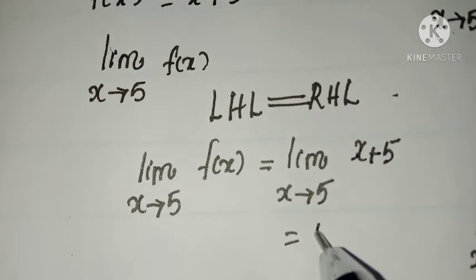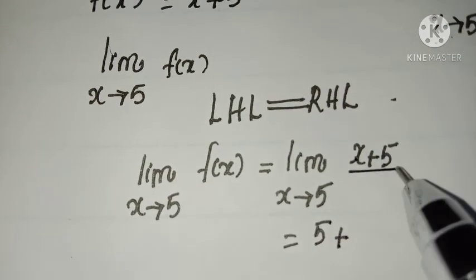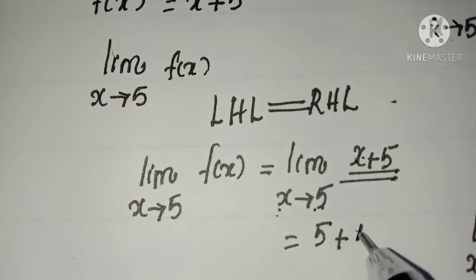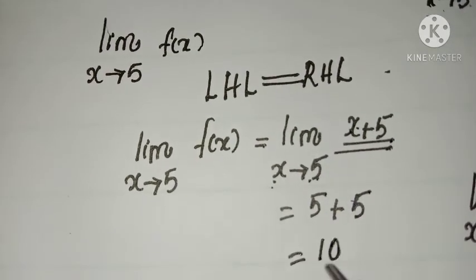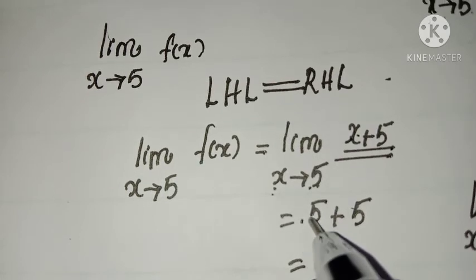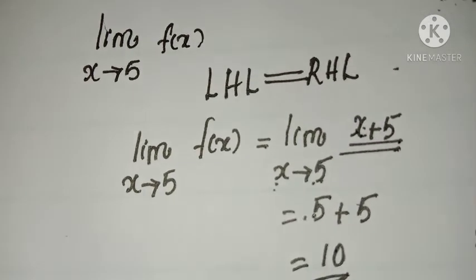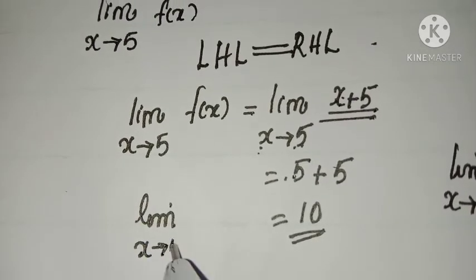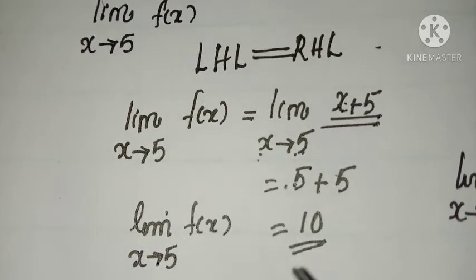So 5 plus 5 equal to 10. Here there is no need to write limit. Simply put x equal to 5. So what is the answer? Limit x tends to 5 f of x is equal to 10.